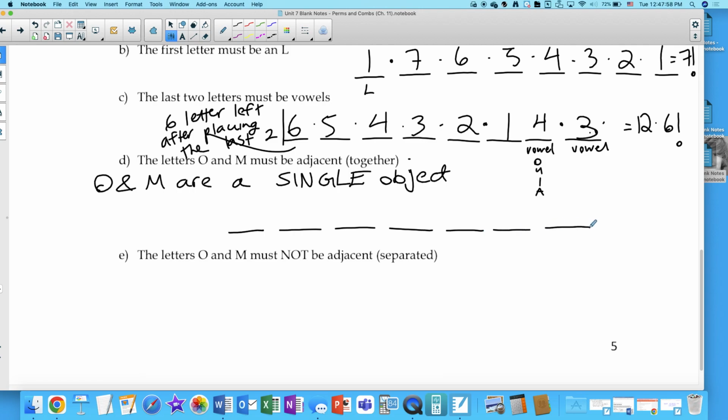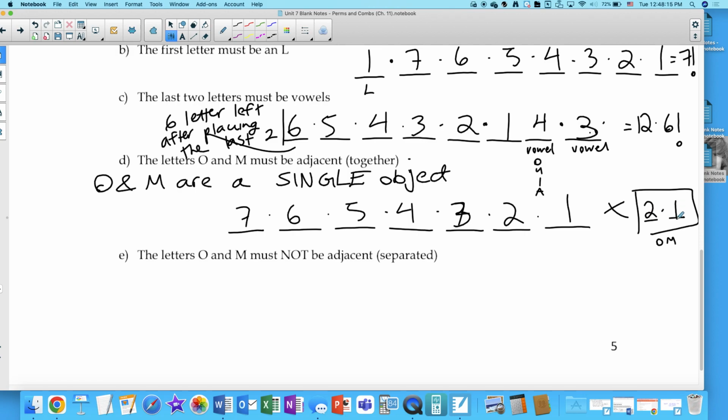But you have to multiply that by the 2 ways that O and M can be arranged.